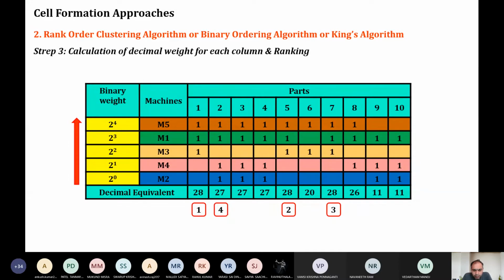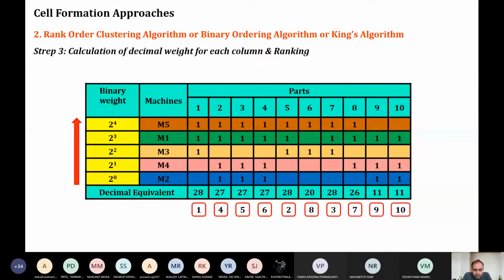Next we have 27: part number 2, part number 3 and part number 4. Next, the 7th rank is the cell with 6, and the 8th one is 8, part number 6. Again, part number 9 and 10 have the same decimal equivalent 11, so it's up to you to assign the values.